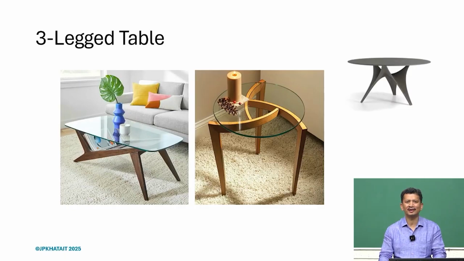One thing we realize is that these tables don't rock, they are quite stable, and that's the reason that in houses, even in the garden, in different places, if we are not sure of the surfaces, we can put them down and quite easily put things on top of them, and more or less they are stable. So what is the reason?